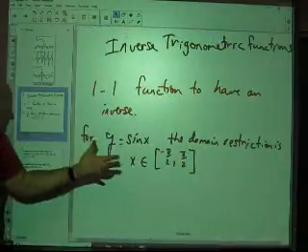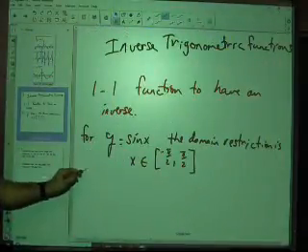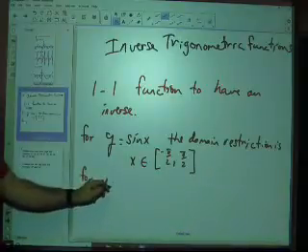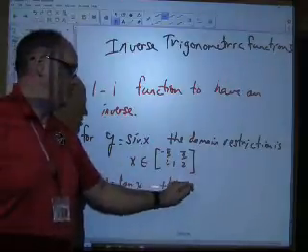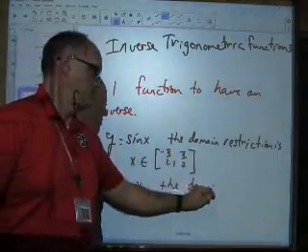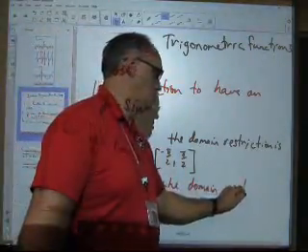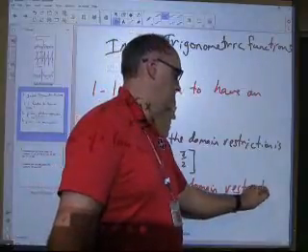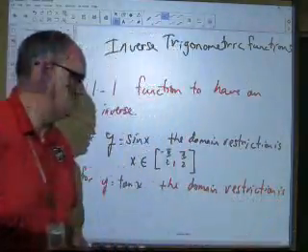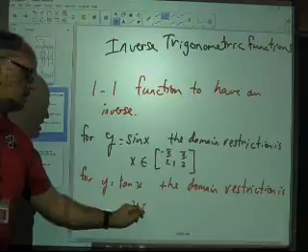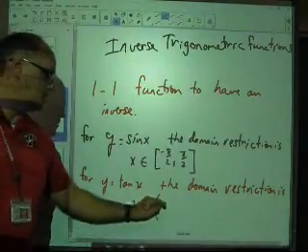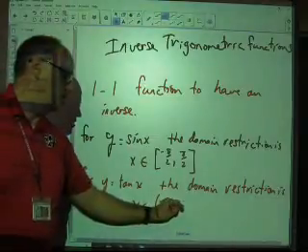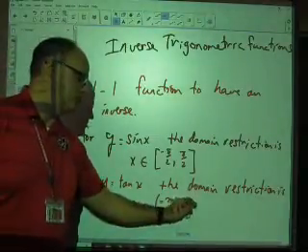So when we're talking about y equals the tangent of x, the domain restriction is x is an element of the interval with parentheses, not brackets, of negative pi over 2 to positive pi over 2.